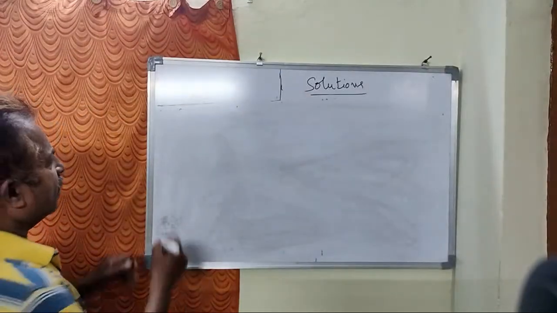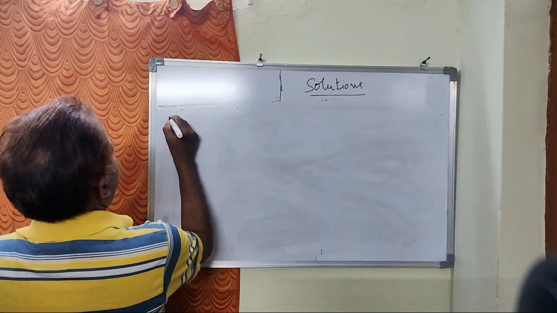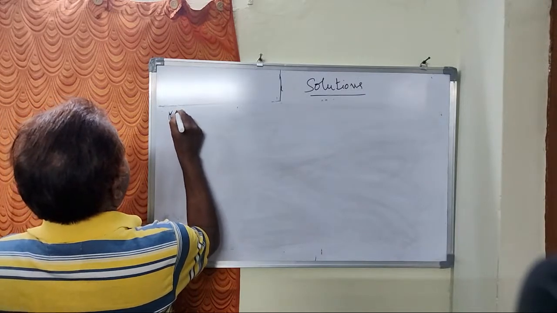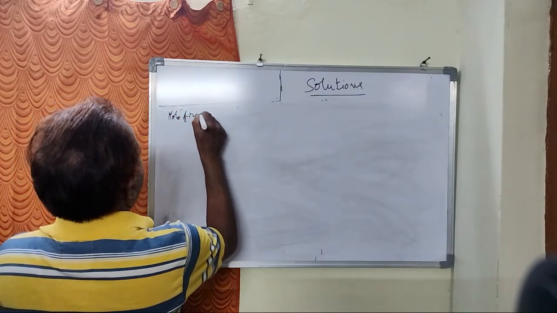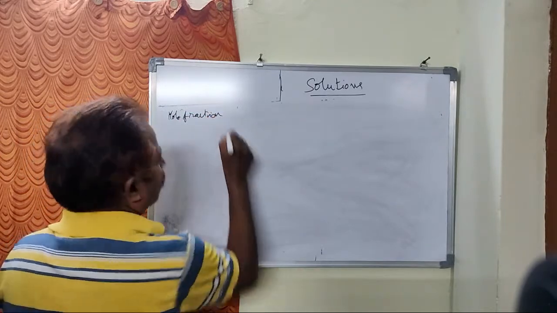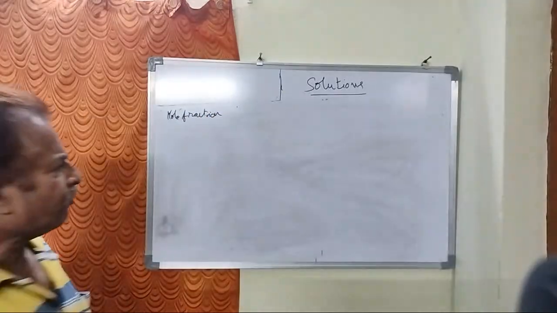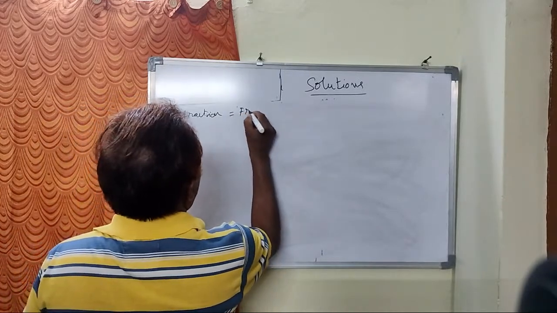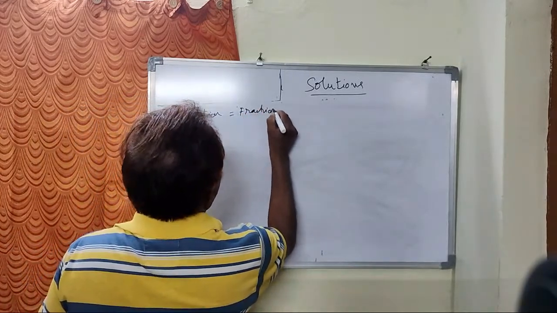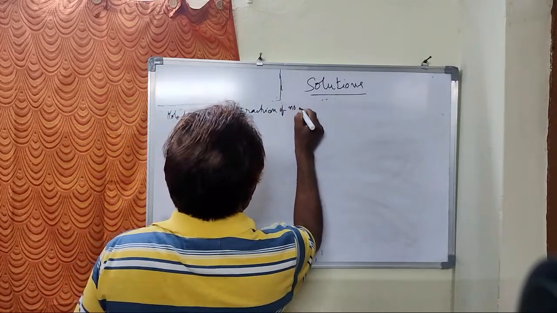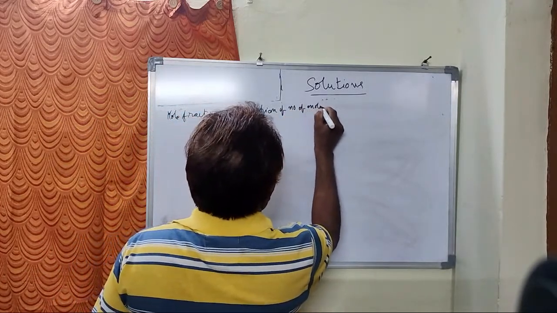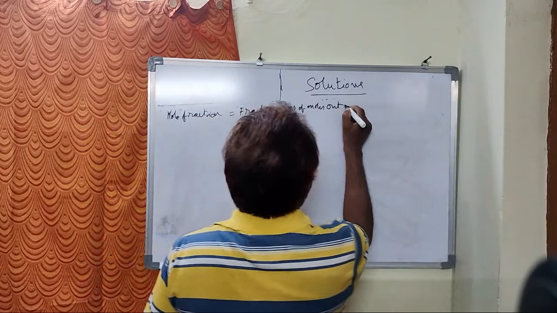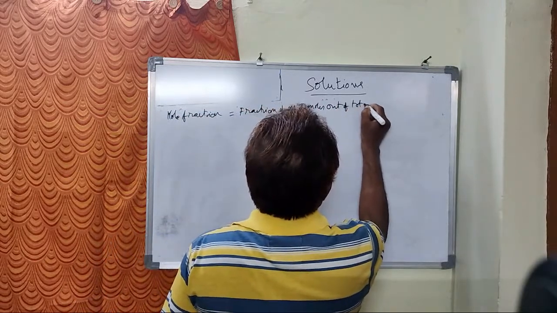Now normality we discussed, and the final one is mole fraction. What is meant by mole fraction? Mole fraction is nothing but the fraction of number of moles out of total moles.